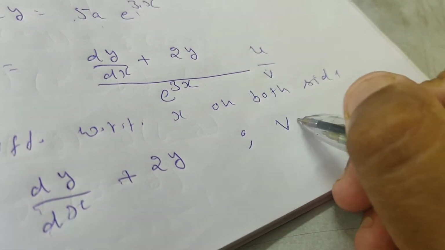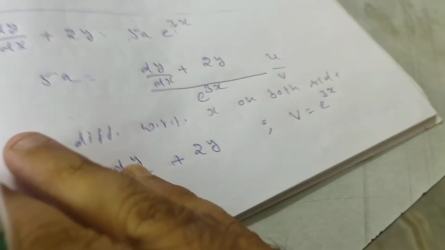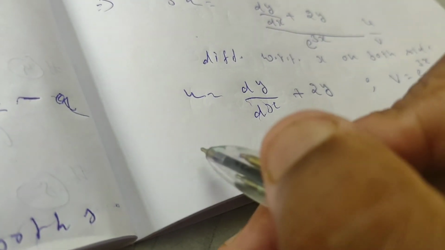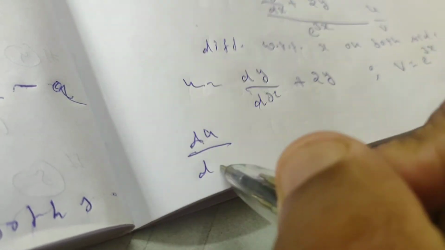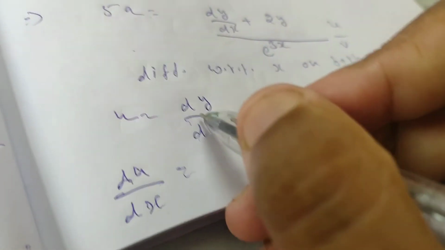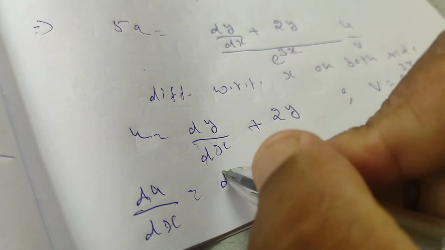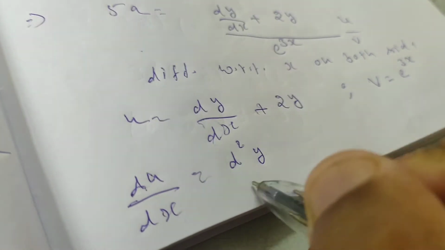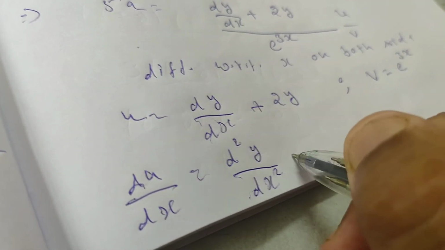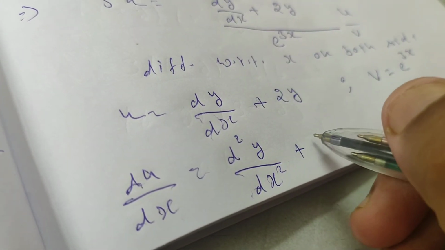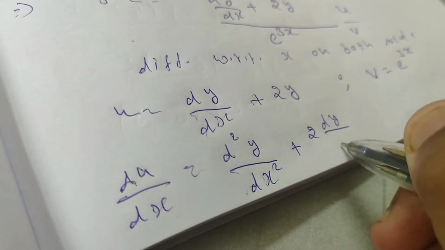That is e raised to the power 3x. The differentiation du by dx: the differentiation of dy by dx with respect to x you know very well, d square y by dx square, plus the differentiation of 2y, 2 into dy by dx.